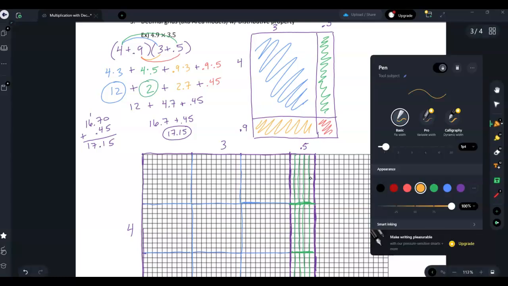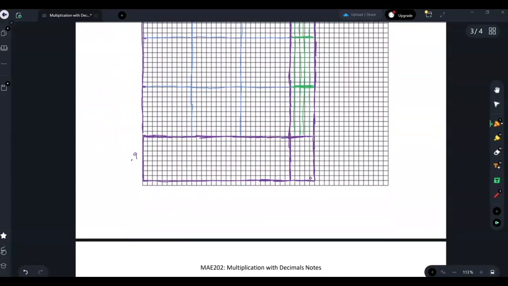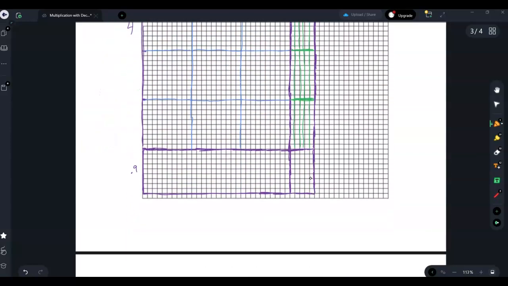So then let's move on to the next box. So here, could I fit any of my rods? So I can't fit any flats. It's close. It looks like it if you're not careful, right? But that's not a flat because it's not a 10 by 10. But I can fit some rods.